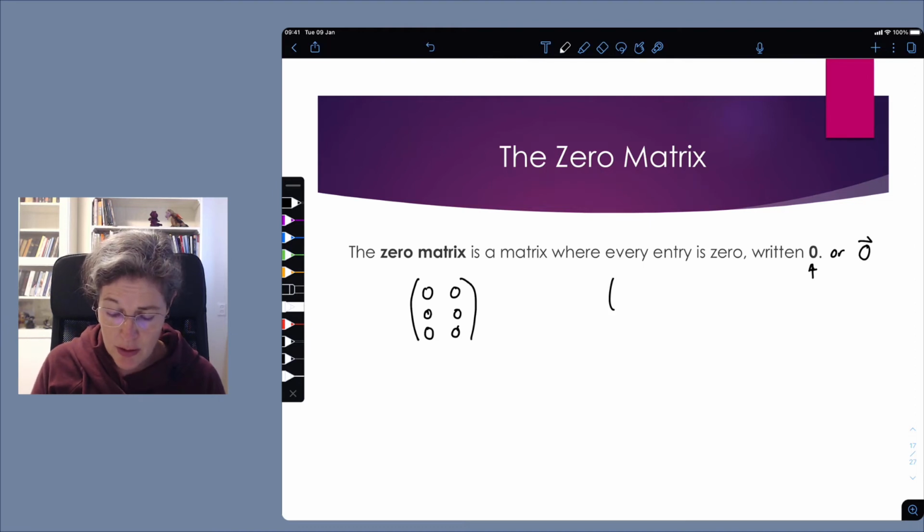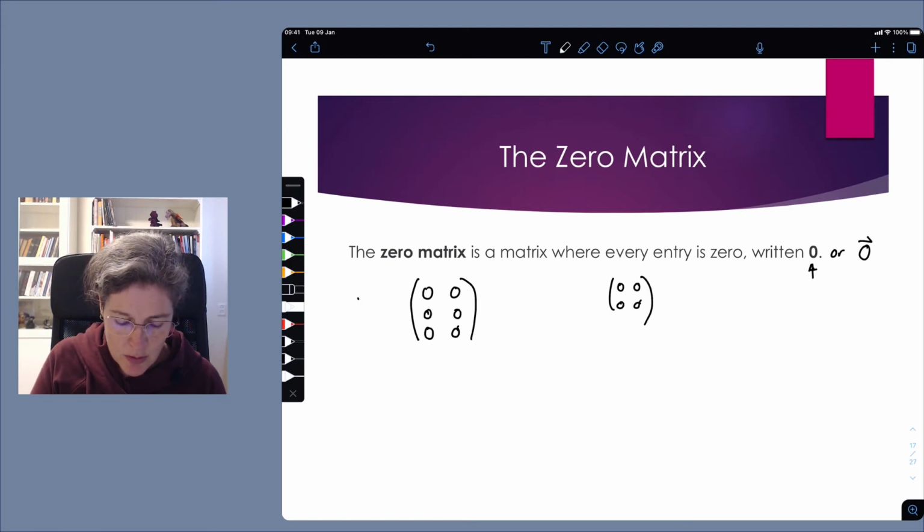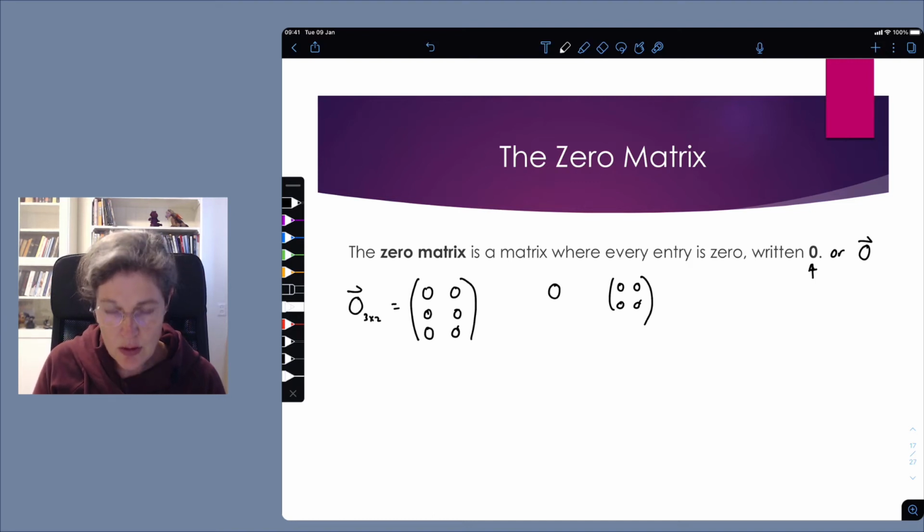Here's another 0 matrix. And if it turns out that you are dealing with multiple 0 matrices with different dimensions, then you would usually just do something like this. 0, this would be 0, 3 by 2. And you just put the dimensions below. This is the 0, 2 by 2.